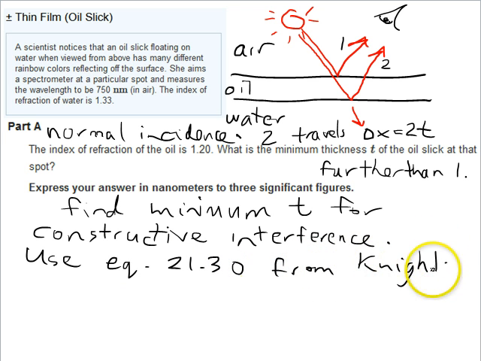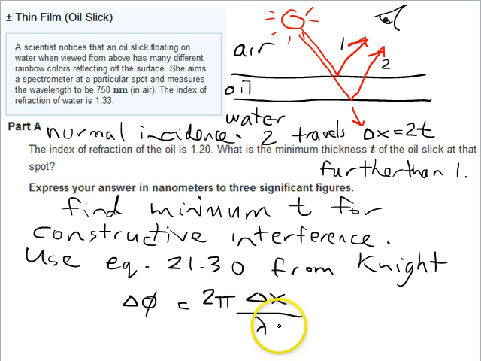And what it looks like is that delta phi is equal to 2 pi times delta x divided by lambda sub f, which is actually the wavelength of light inside the film, plus delta phi sub 0.